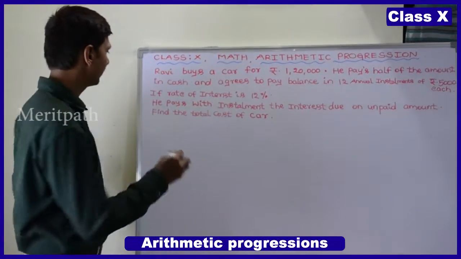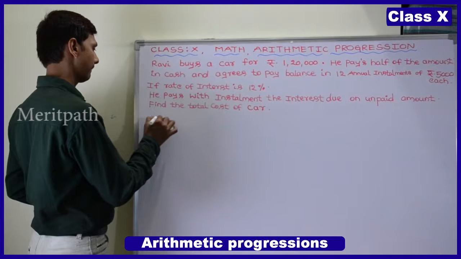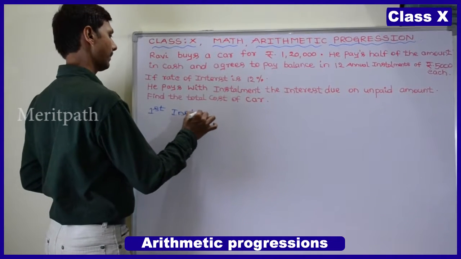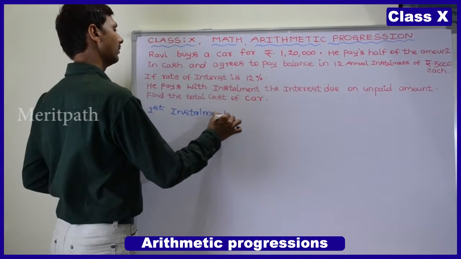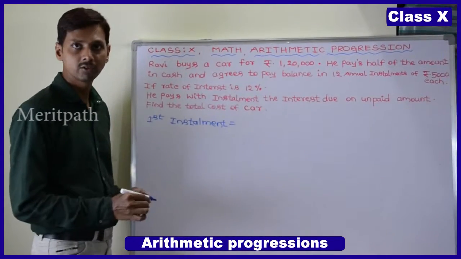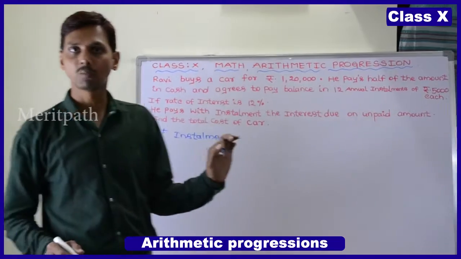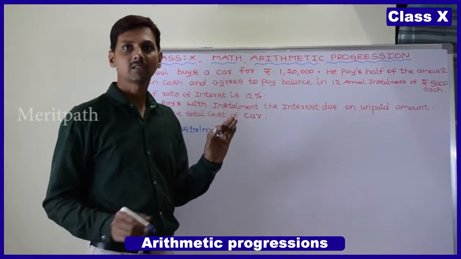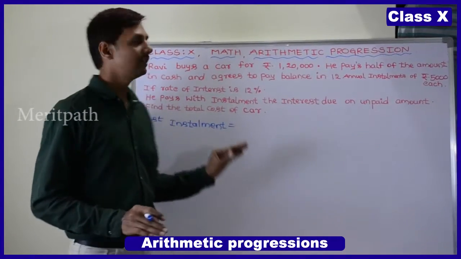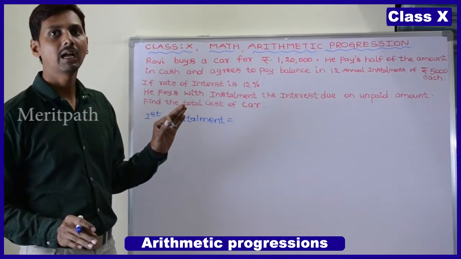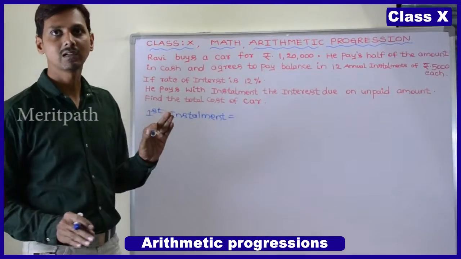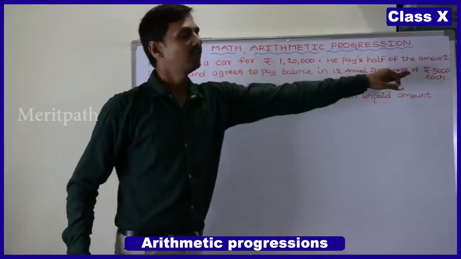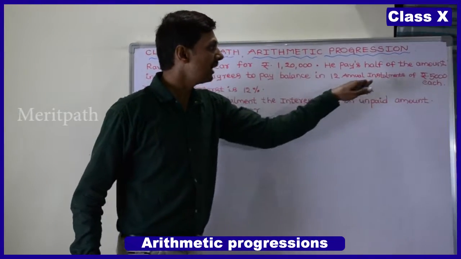So the first installment: he paid 60,000 rupees, half of the amount, and the remaining 60,000 is left out, and he wants to pay that in 5,000 rupees of each of the 12 annual installments.